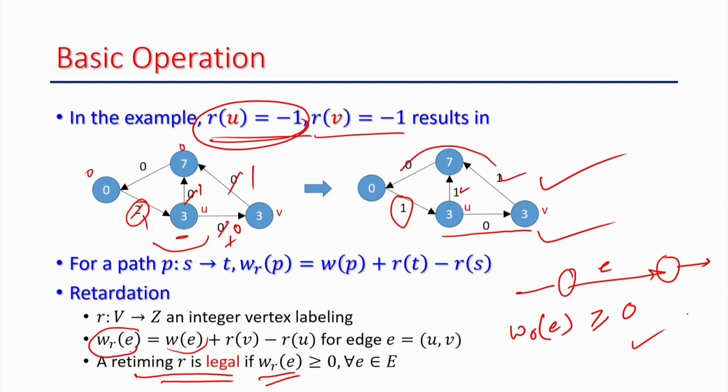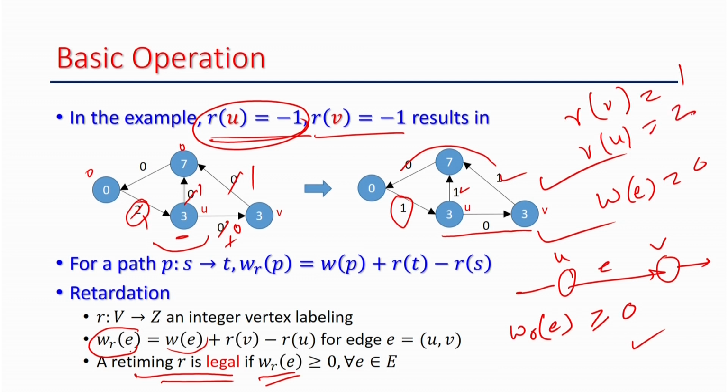Okay. So, for every edge, weight should not become negative after retiming. Suppose the W of the edge is say 0, and this is say U to V, and suppose you give R V is 1 and R U is 2. So, then what is happening? You are saying that the number of registers coming here is 1 and the number of registers going from this register is 2.